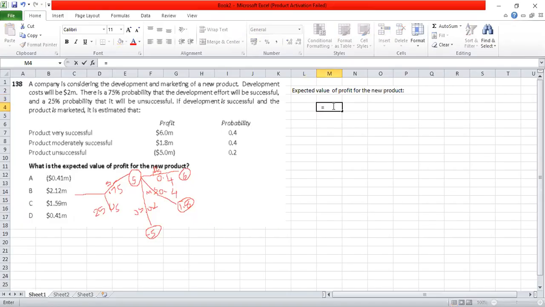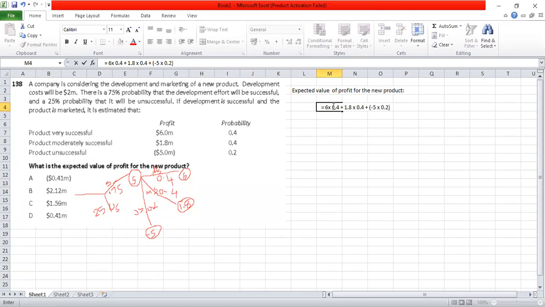It is equal to, first let's take 6 into 0.4 plus 1.8 into 0.4 plus minus 5 into 0.2.